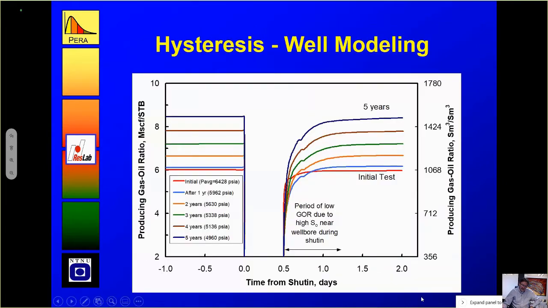So this is just the producing GOR. We've got the first year, it's producing the richest fluid here. We shut the well in for half a day, and then we produce it again for the remainder of the year. This is just looking at 1 day before the shut-in, during the shut-in, and 2 days after the shut-in. But in between here, we're producing it continuously.